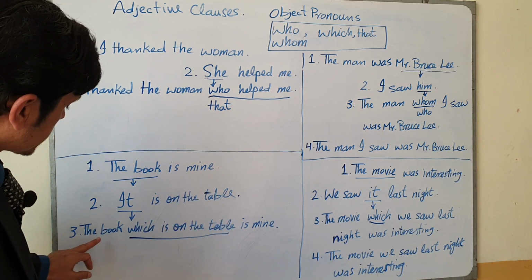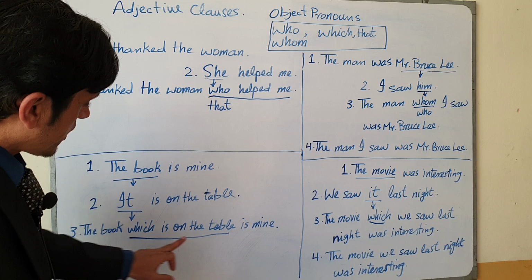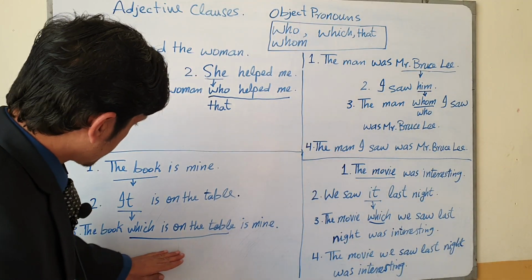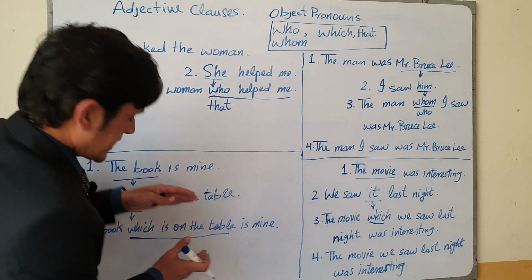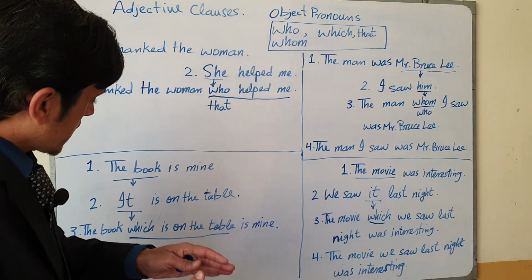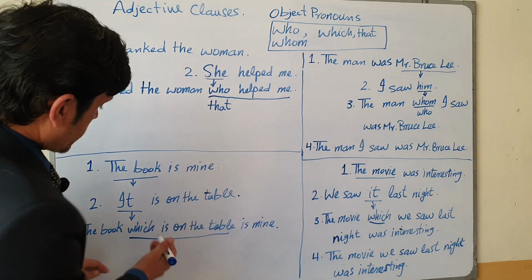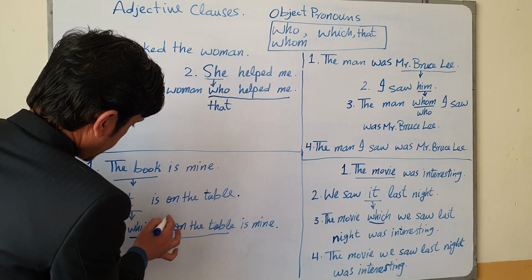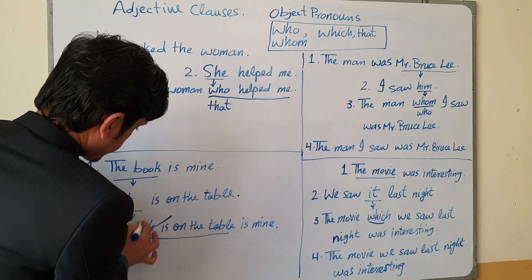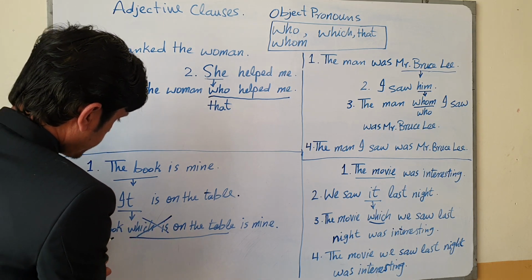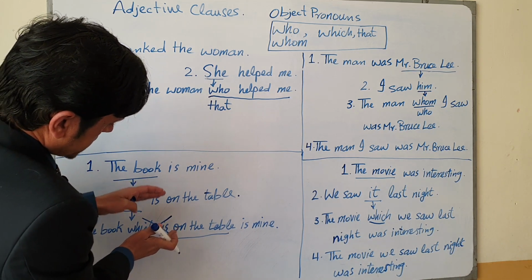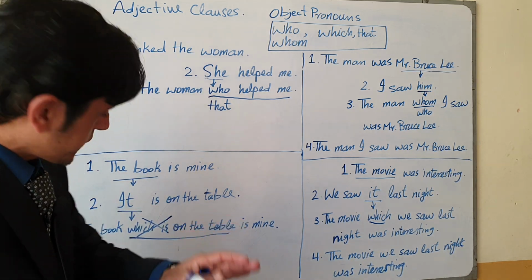In this way we can say the book on the table is mine. So in this way we can reduce this complex sentence, this adjective clause, into a phrase. For example, which is on the table. So which is, we can omit both of them. Okay, the book on the table is mine. So we have reduced adjective clause into a phrase.